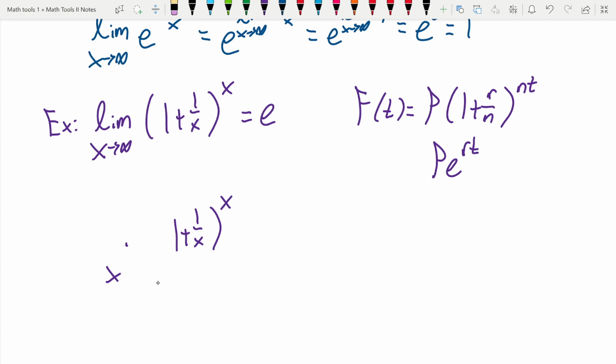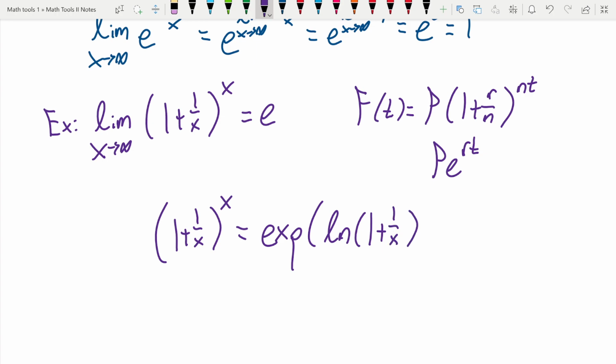So again, I'll rewrite it without the limit first, and then we'll bring the limit back later. We're going to do the same thing. We're going to do e to the ln of this thing. I'm going to use the exp notation so that I don't have this whole big thing in the exponent here. So this just means e to the ln of all of this. It's just a different notation for it, exp of the thing.